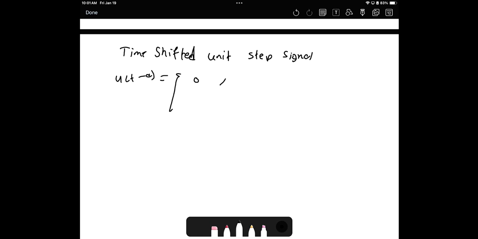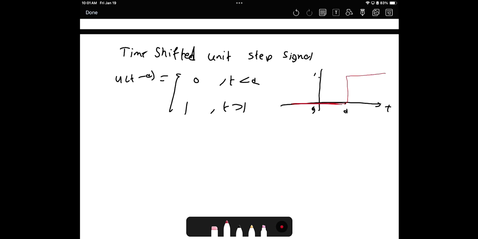It will be 0 when t is less than a, and 1 when t is larger than a. So the waveform will look like this. Here is 0, here is 1. The original unit step used to switch at the origin 0. Right now, it switches at time a. Before it is 0, then at time a it will be 1.